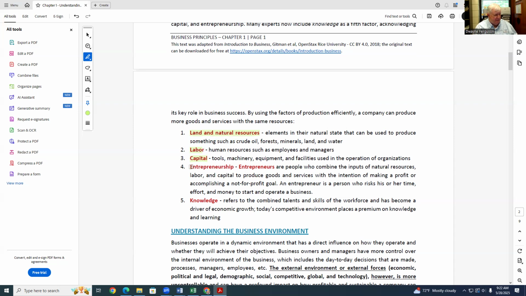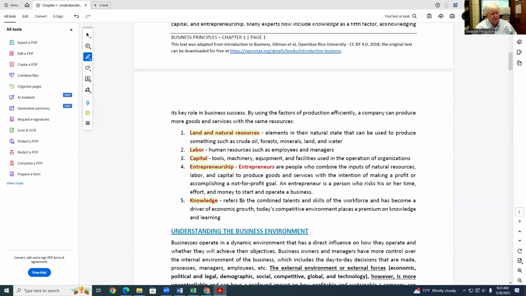But now they are including entrepreneurship and knowledge as the last 2. So there are 5 that are considered now. An entrepreneur is just somebody that risks his or her money to start a business. You have to have somebody with entrepreneurial spirit to make a business successful.